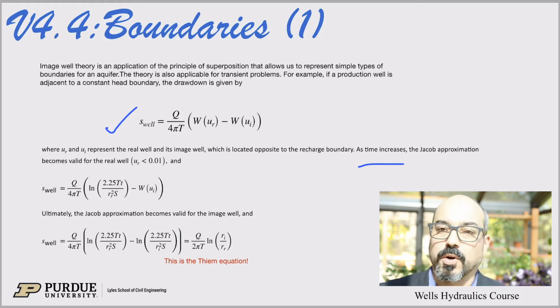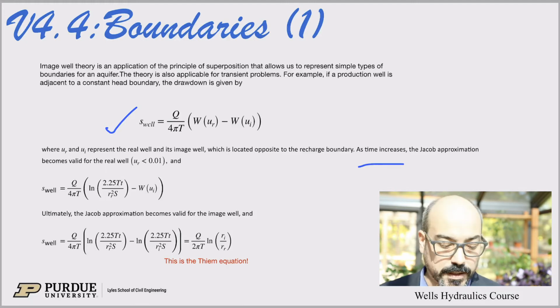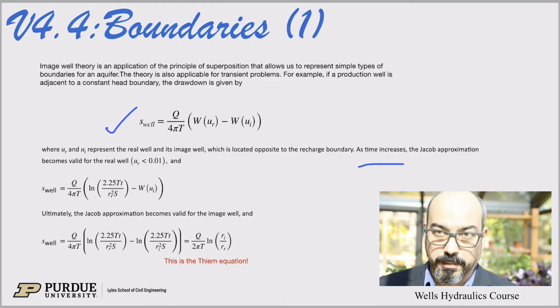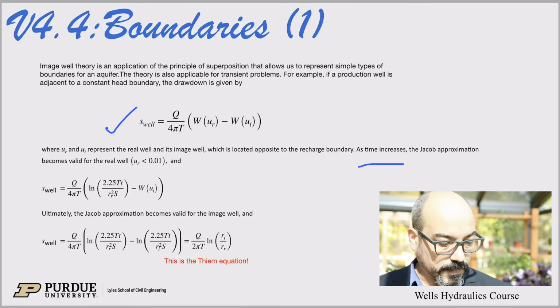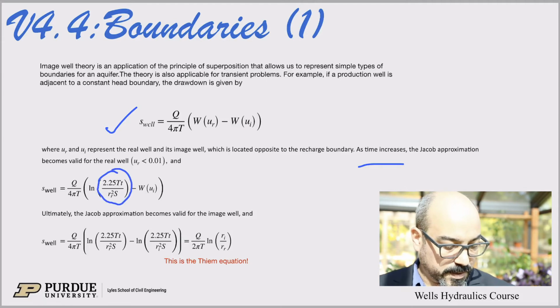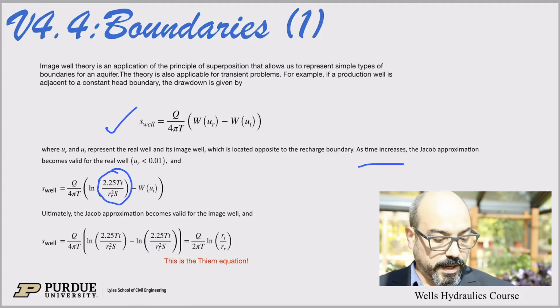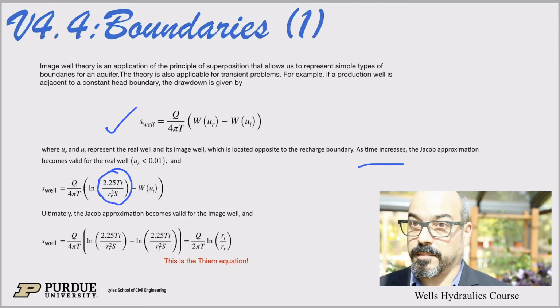Again, at long times, the Jacob approximation can be used, and we've seen that before. So when the Jacob approximation is valid, we can use these approximations here. And at even longer times, for the imaginary well, we can also use the Jacob approximation.